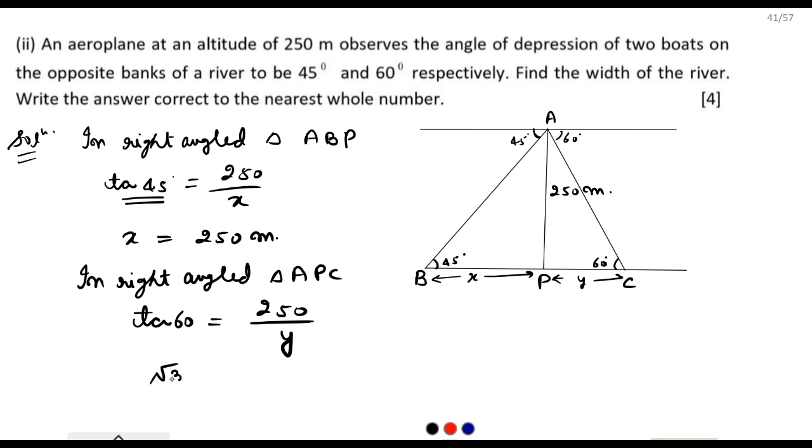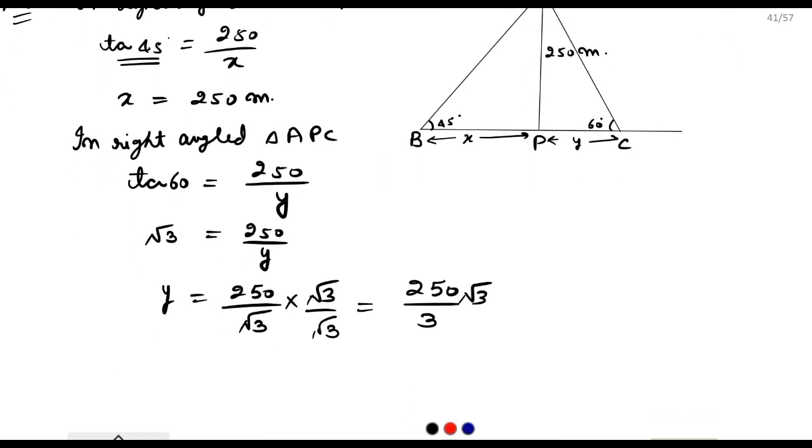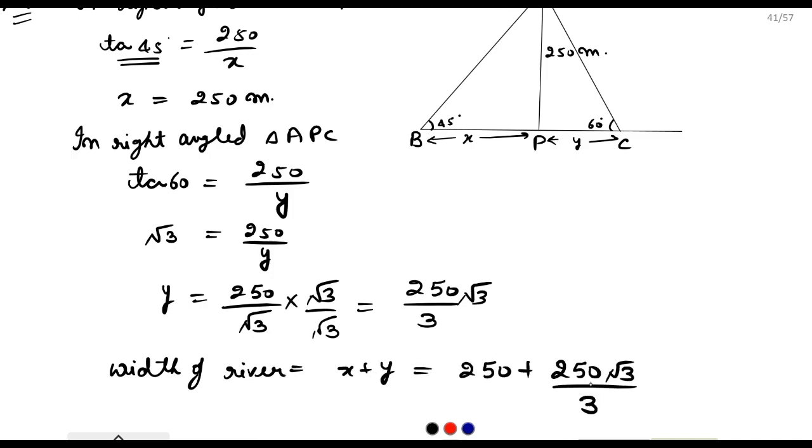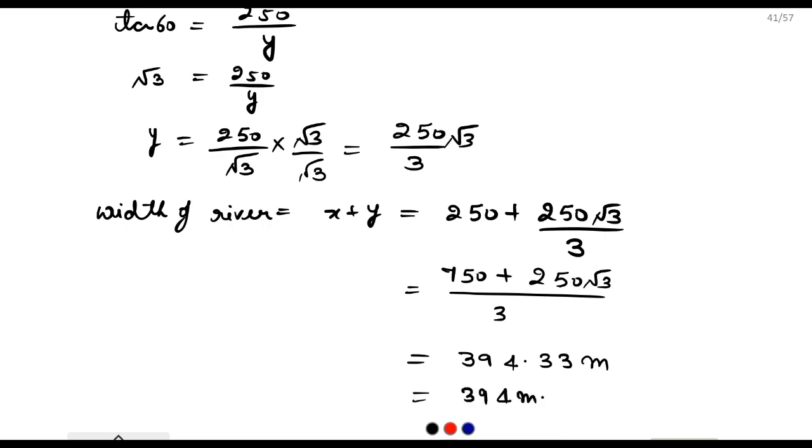Tan 60 is under root 3. So y is 144.33 meter, means total width is 394 meters.